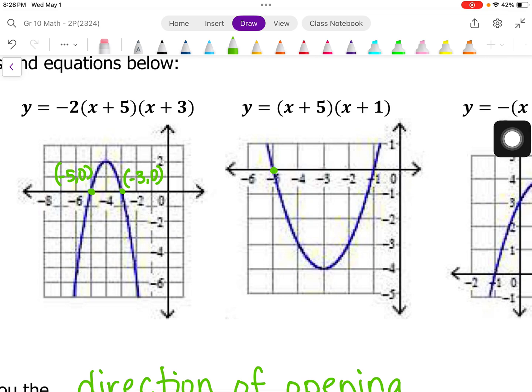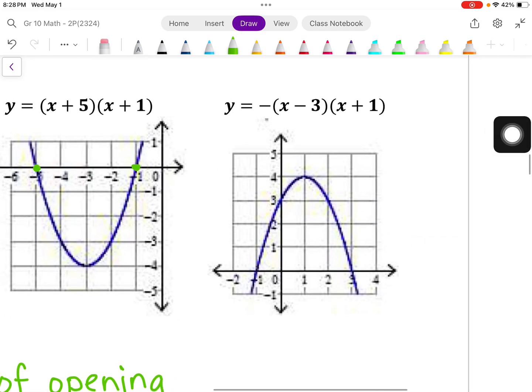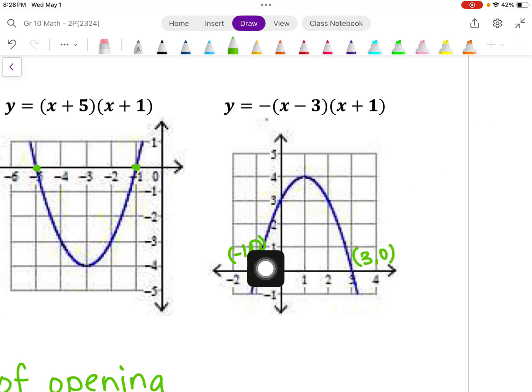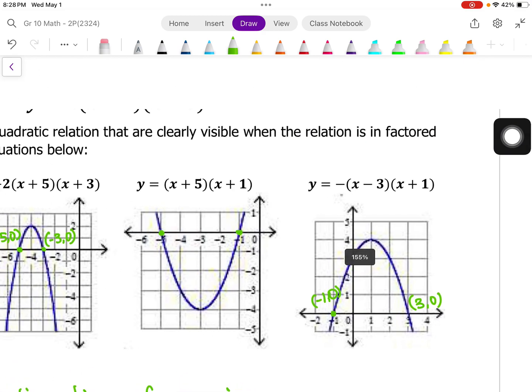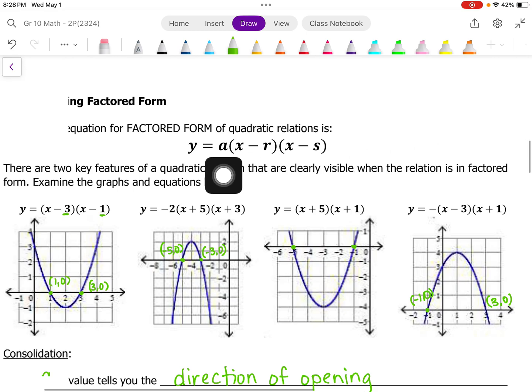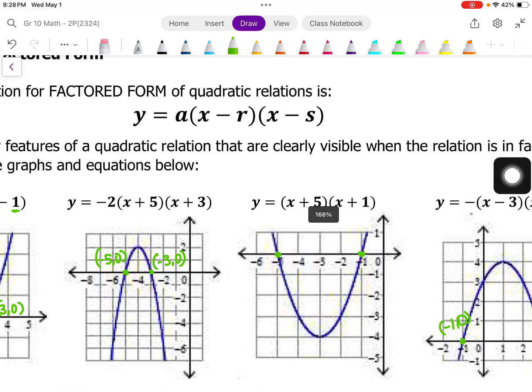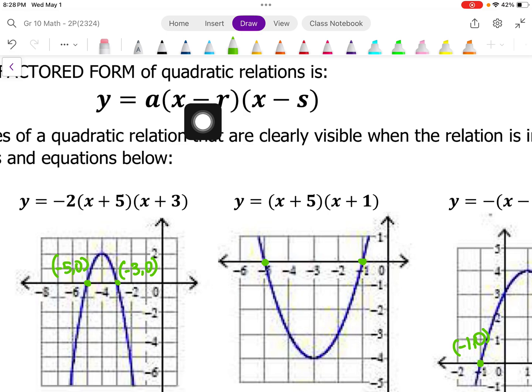Here my zeros are -5 and -1, and I have a +5 and a +1. And here I have -1 and +3. So for the -1 I have a +1, and for the +3 I have a -3. So if we look back to our equation, this says x subtract whatever r is.